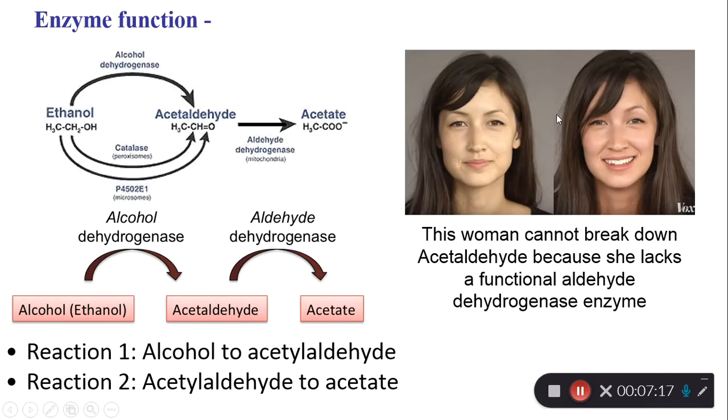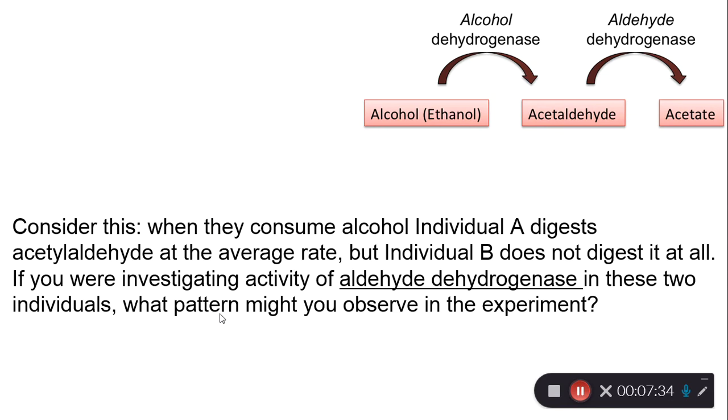And so this woman's body is responding to this toxic acetaldehyde building up and not being able to break it down. And this is not a very comfortable scenario. She would really feel quite unwell if she drank too much because the body is reacting to trying to clear this toxin.